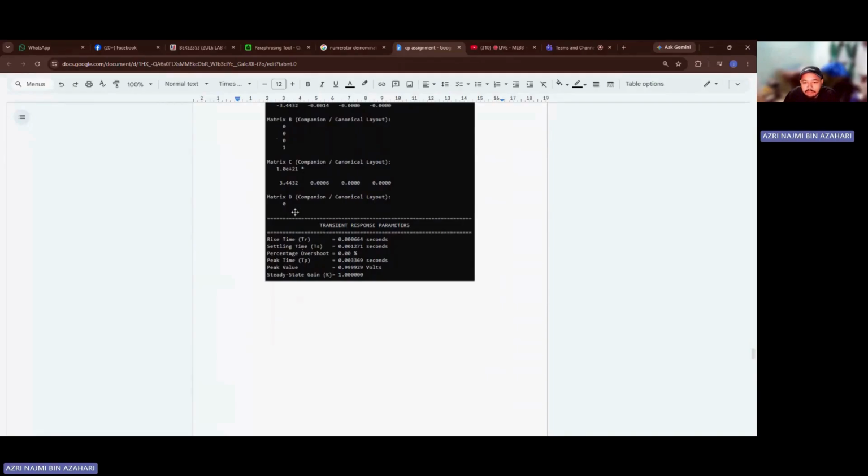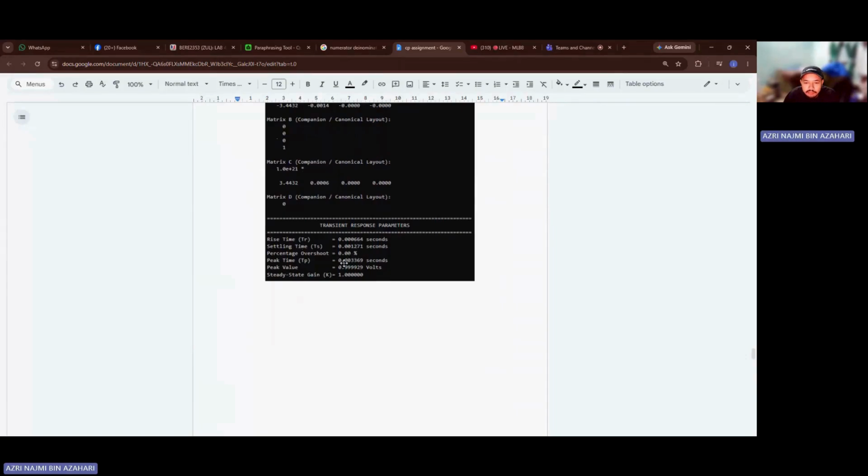Next, transient response parameters. MATLAB calculates our exact time domain performance metrics. Our system responds incredibly fast with a rise time of just under 0.66 millisecond and a settling time of about 1.27 milliseconds. We have a percentage overshoot of 0%, meaning the response smoothly climbs without any oscillation or ringing.